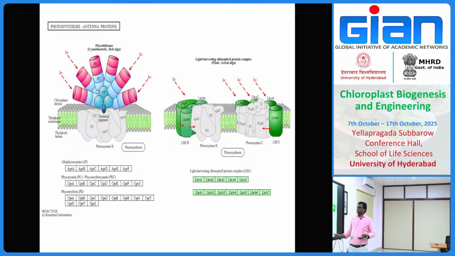If it is coming to the cyanobacteria, they have phycocyanin, this one PC, and the reddish color one, phycoerythrin. All these pigments are present in cyanobacteria, and they are also present in all red algae.